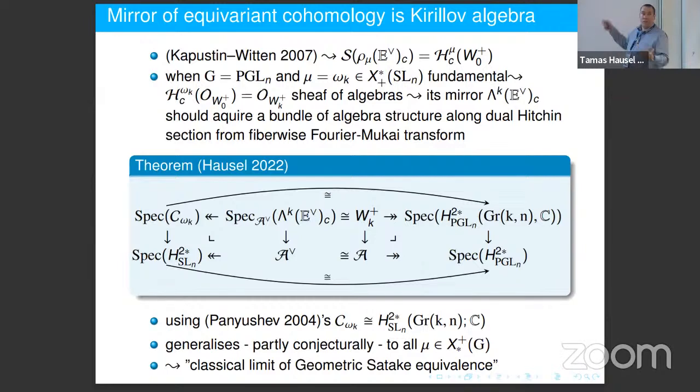But then this way we are going to have a very nice circle of ideas again, which includes a new way to think about equivariant cohomology in terms of coordinate rings of certain fixed point schemes, also constructing universal bundles of algebra structures using Kirillov algebras. That means the whole representation theory of reductive groups.